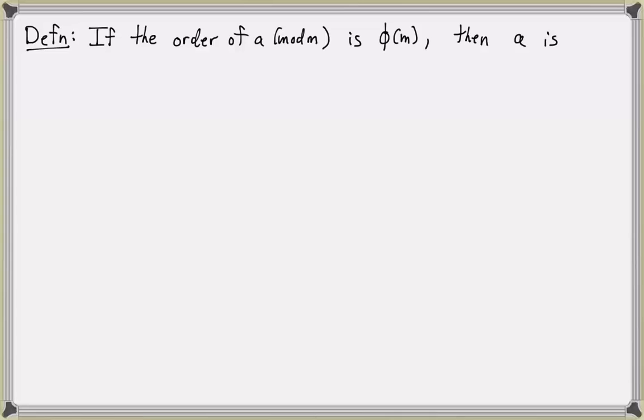If the order of a mod m is phi of m, then a is called a primitive root mod m.